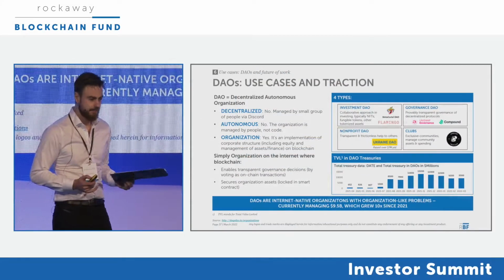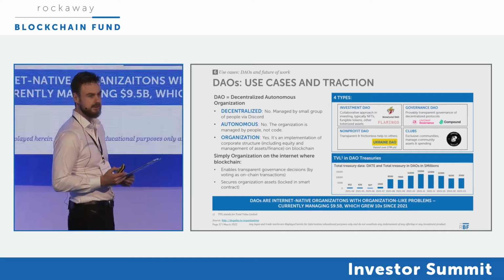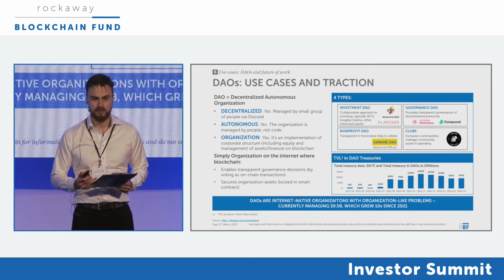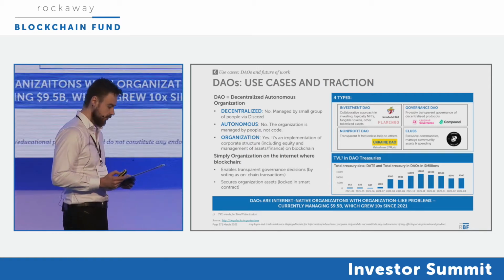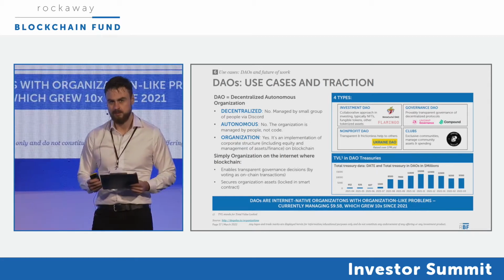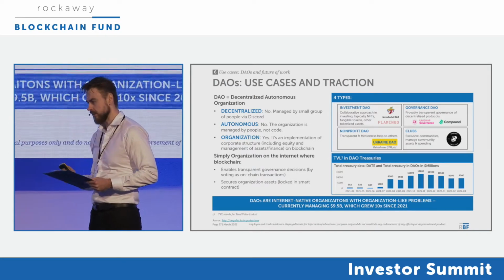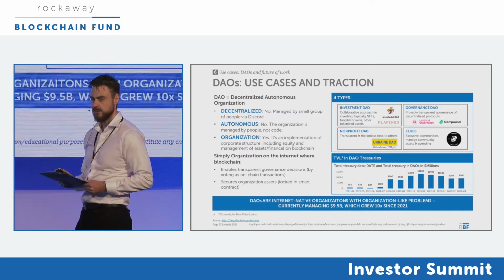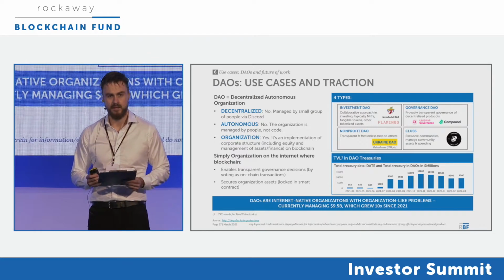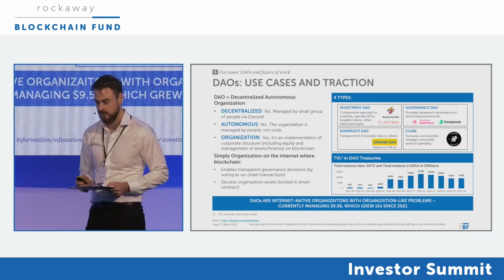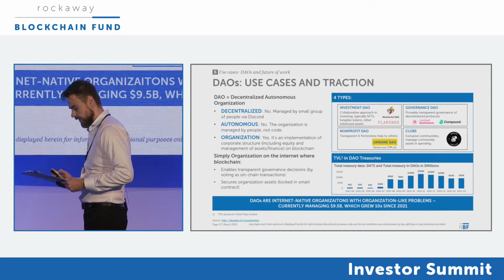It's an organization or a corporate structure deployed on the internet in the form of a smart contract, which enables two key things. One of them is transparent voting on decisions, and the DAO itself, the smart contract, also secures organization assets. When looking at the types of DAOs in practice, we recognize four categories.